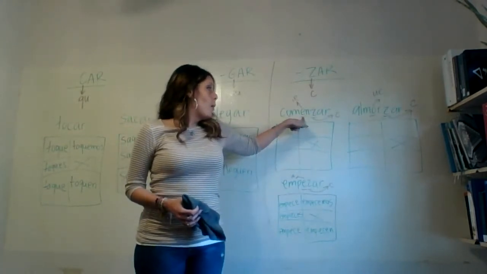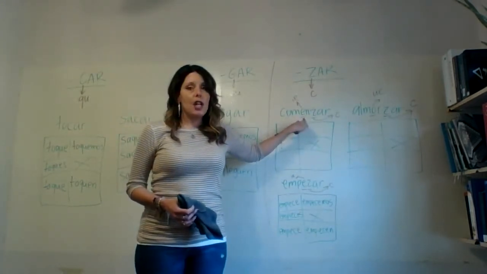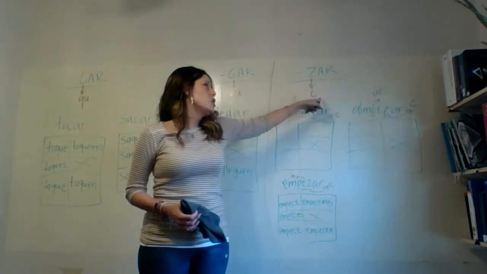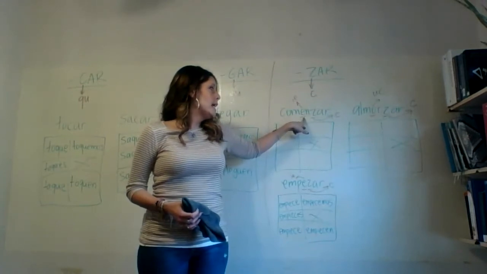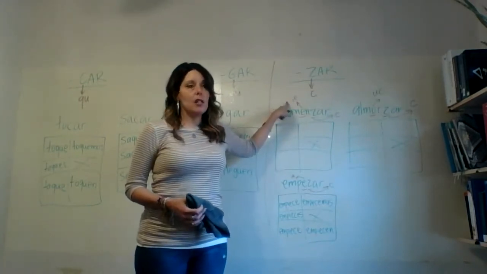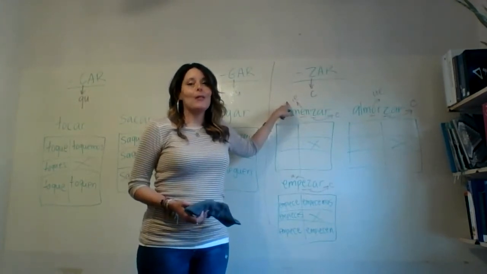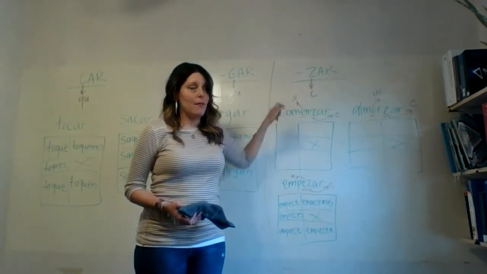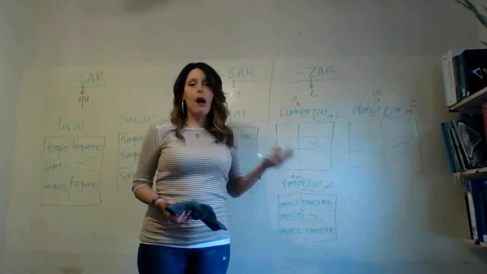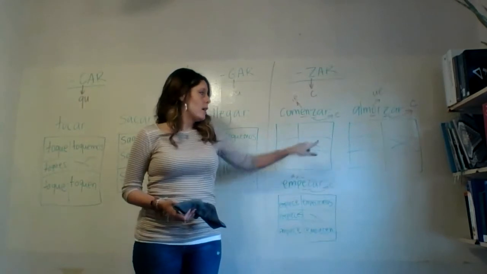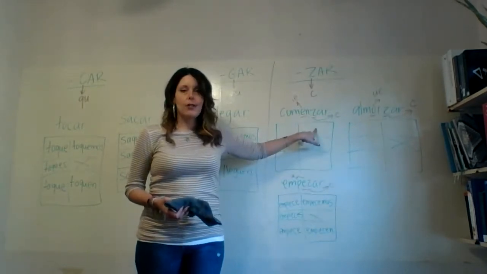Using our first example, we can see that this is a stem change verb as well. So we have the zar thing happening with the Z changing to a C, but this is also an E to IE stem change verb. Remember back to your video about stem change verbs in the subjunctive. In which box is the stem change not going to occur? It's not going to occur in the nosotros conjugation.